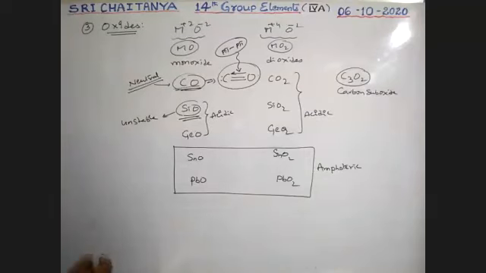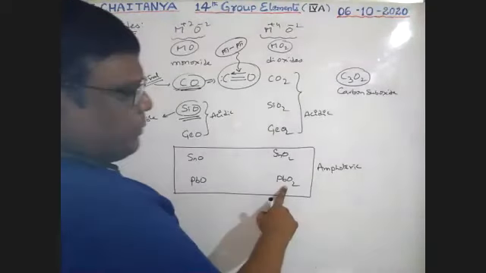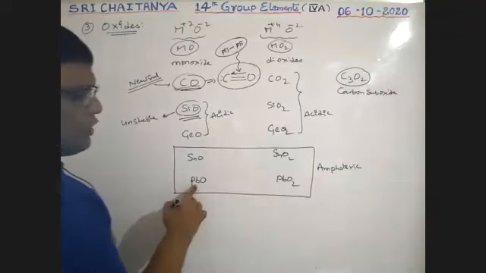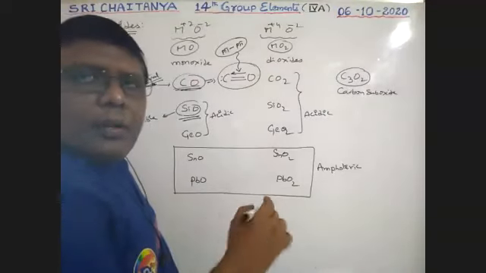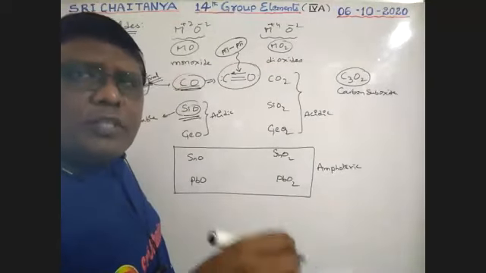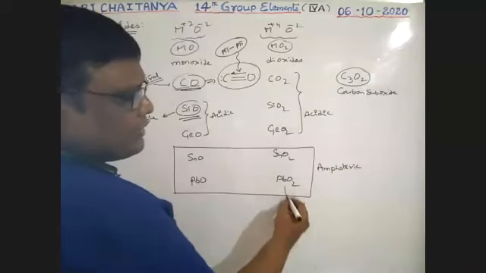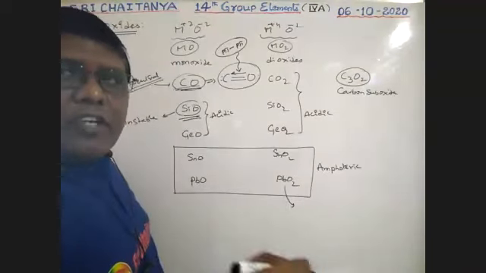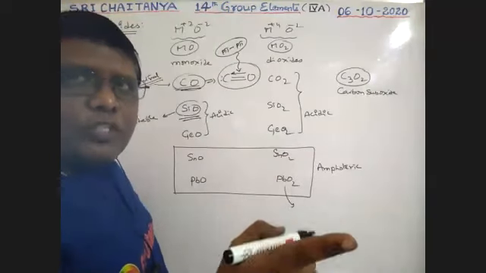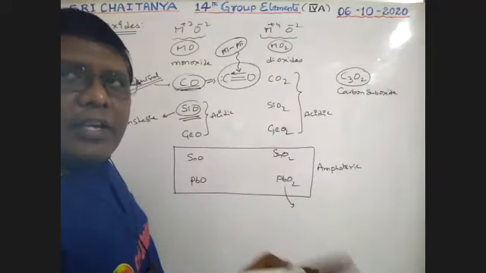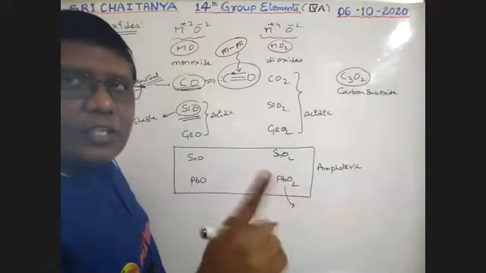Next, among PbO and PbO2, here Pb is in +2 state, here Pb is in +4 state. Lead in +2 is more stable than +4. That's why +4 is unstable and +2 is stable. So it is easily converted from +4 to +2, that is reduction. A species involved in reduction acts as an oxidizing agent.